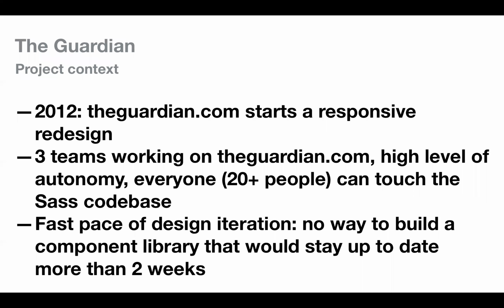And everybody could touch the CSS Sass code base, which, if you've built websites at this scale before, you can tell that 20 people touching the CSS can be a challenge sometimes. And the fast pace of iteration meant that it was very hard to build a component library or design system that was all-encompassing of all our components, because the design was changing so fast that staying up to date more than 2 weeks would have just been impossible.